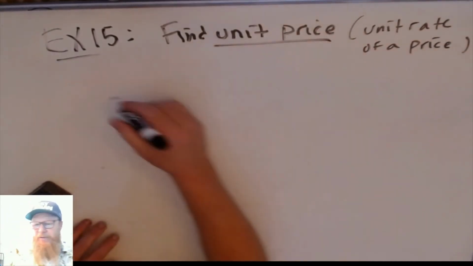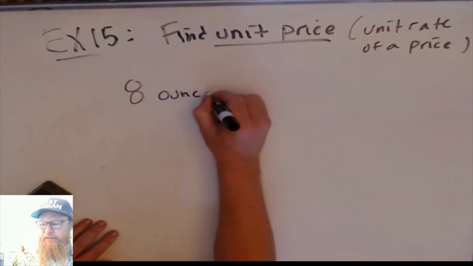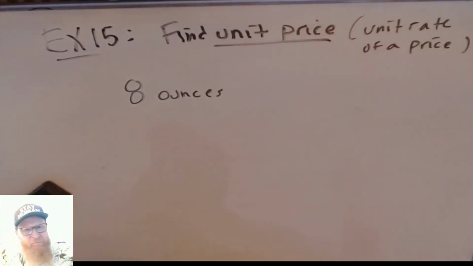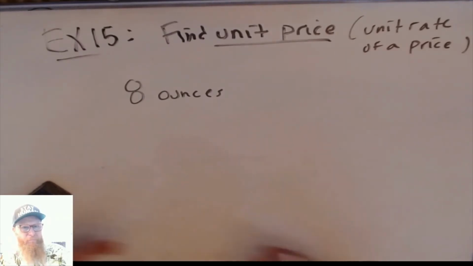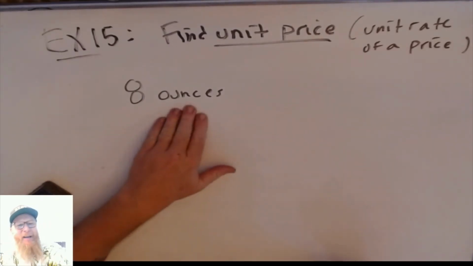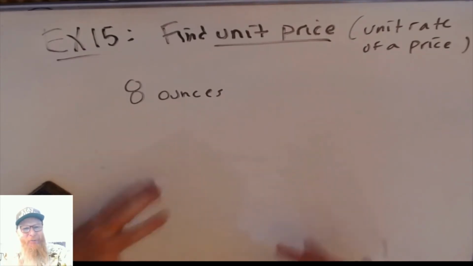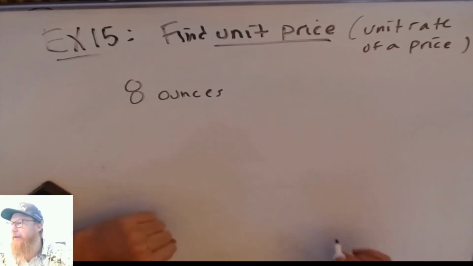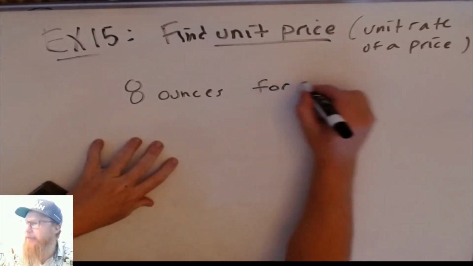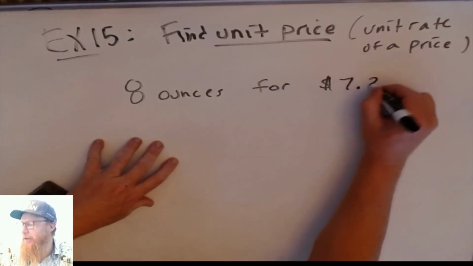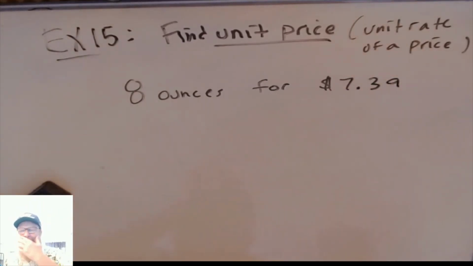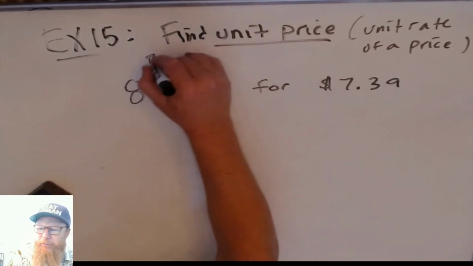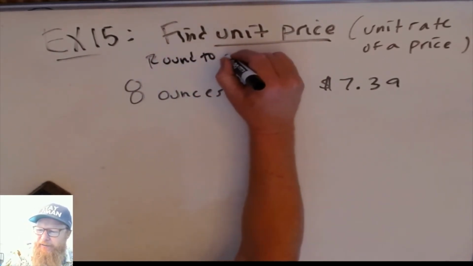So suppose I bought 8 ounces of liquid. I don't know. I guess this is not a fluid ounce, so this is an actual ounce. So suppose about 8 ounces of whatever, some product that I'm buying, and I spent $7.39 on this 8 ounces. We usually round to the nearest cent.